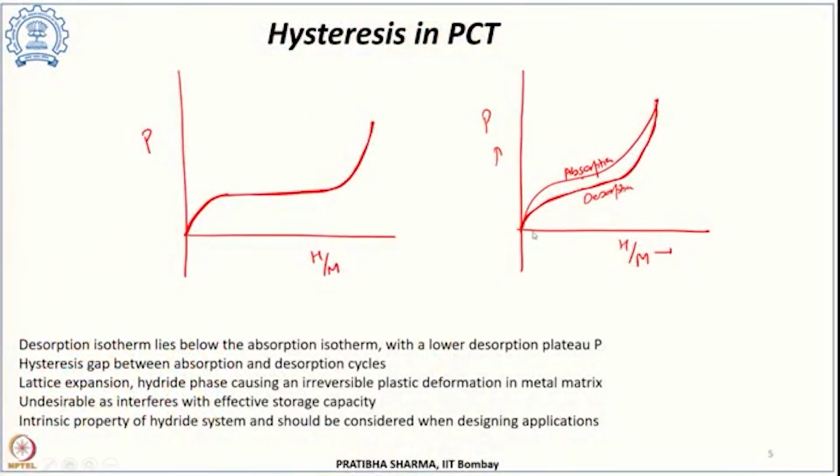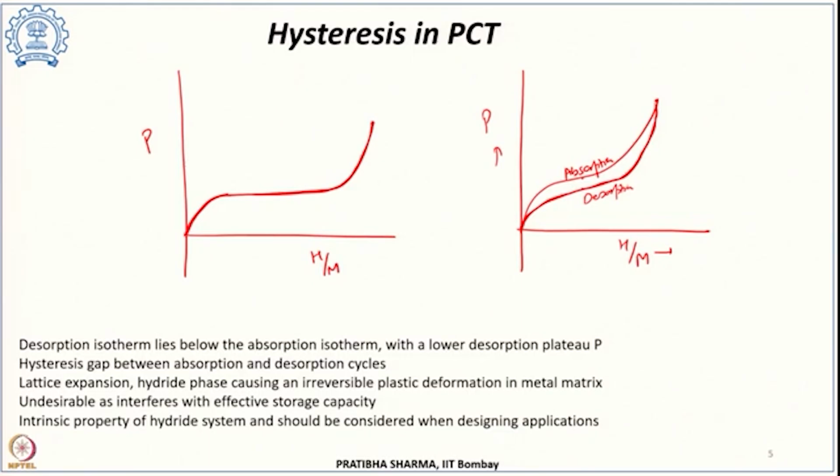The reason for the occurrence of this hysteresis is considered to be the plastic deformations, which are not reversible, because of the lattice expansion that occurs when hydrogen incorporates into the host metal matrix. Because of the irreversible plastic deformation in the metal matrix, this is highly undesirable when metal hydrides are to be used for various applications.